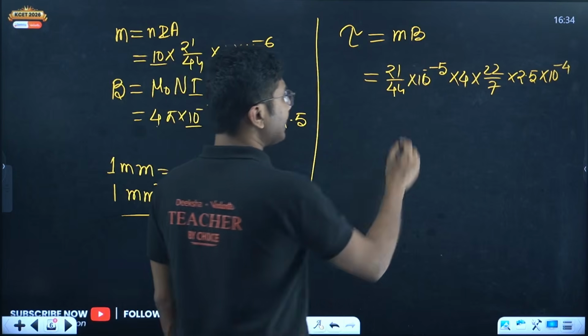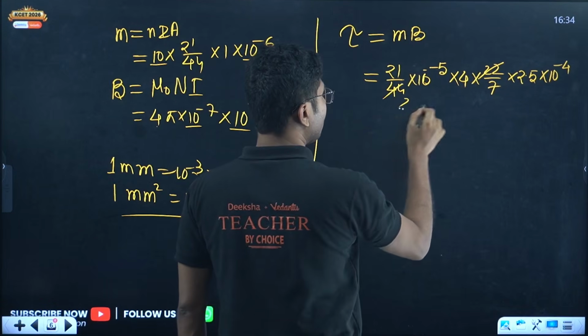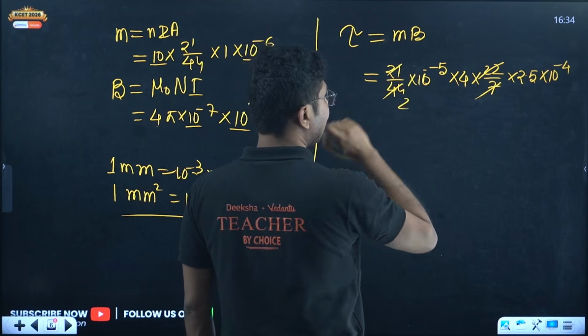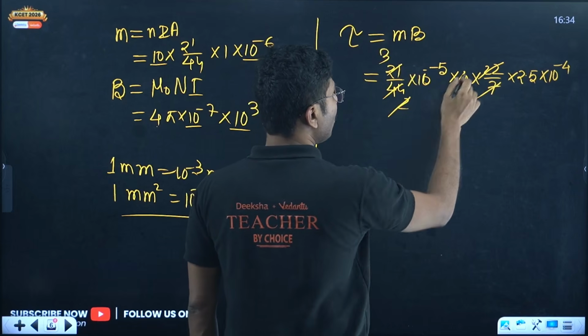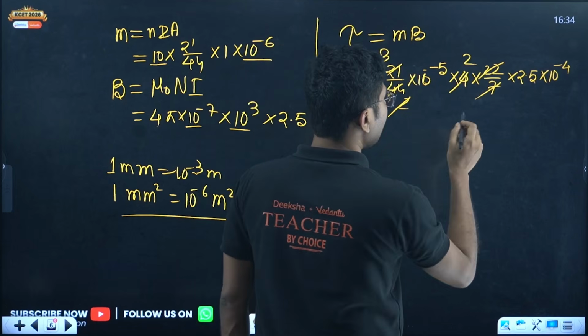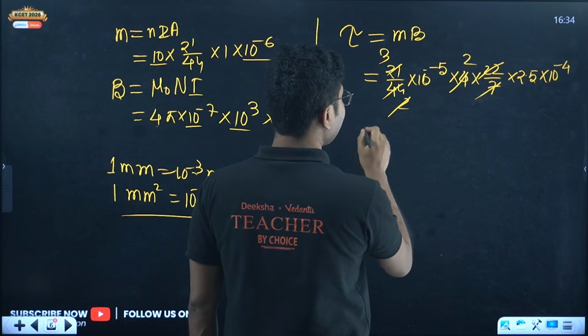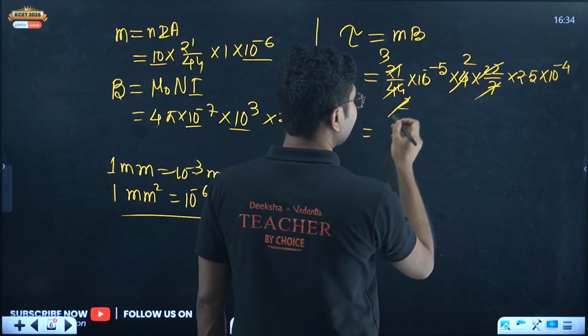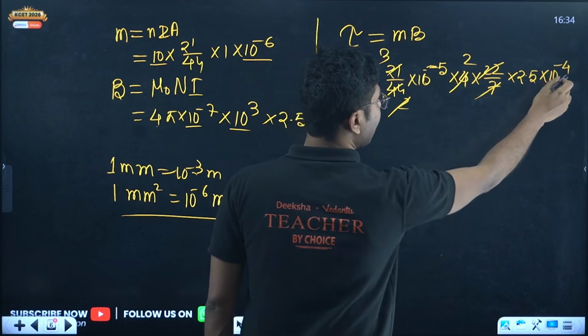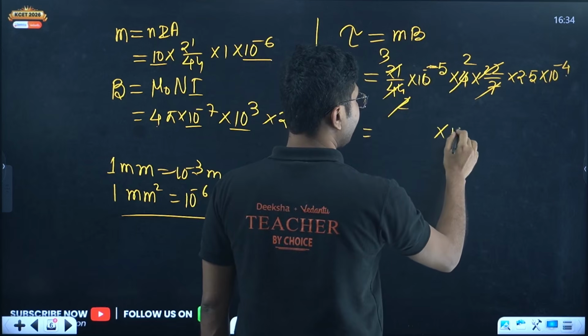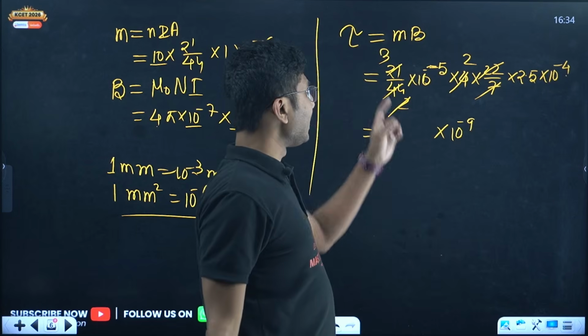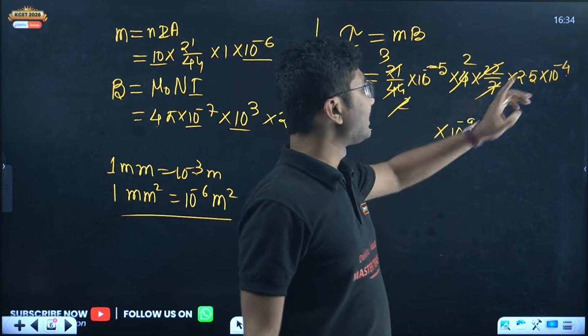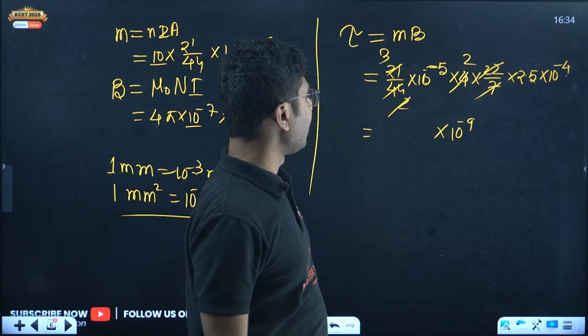Now let's simplify. 22 by 2, 7, 3, 2 to the 4. So you get 10 to the power of minus 5 and 10 to the power of minus 4, so 10 to the power of minus 9. Now if you multiply, 6 into 2.5 will be 15.